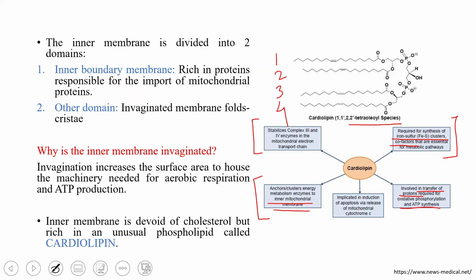Then it is also involved in the induction of apoptosis via the release of mitochondrial cytochrome C. The entire process of apoptosis we are going to study in other units, but here you just need to know that cardiolipin has a role in the release of mitochondrial cytochrome C, which ultimately leads to apoptosis of the cell. So these are the 5 roles of cardiolipin.